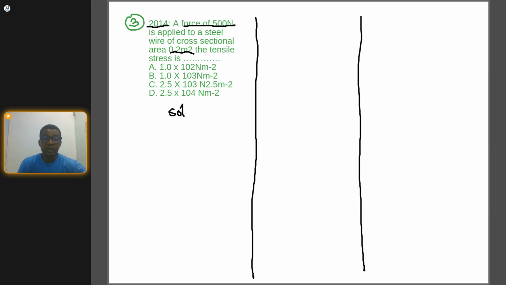So we have from the question, we are given force, which is 500 Newton, and cross-sectional area, which is 0.2 meters square, and we are asked to find the stress.